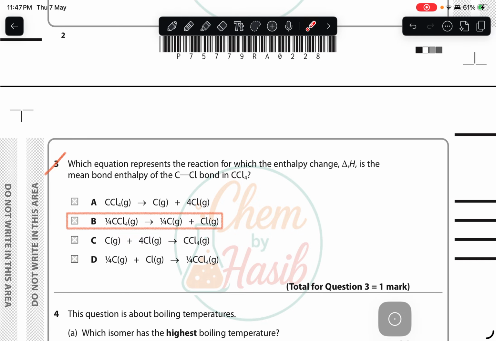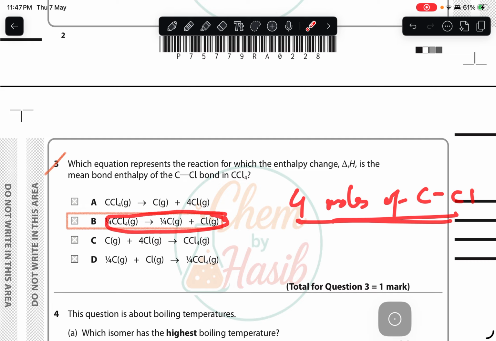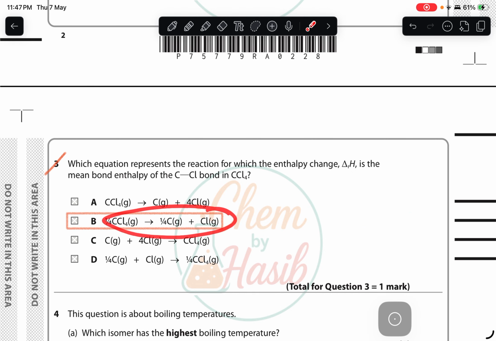If you break 4 moles of carbon-chlorine bonds, in this reaction, 4 moles of C-Cl bonds were broken. Now, if you divide this reaction by 4, there's 1 by 4 as coefficient for CCl4.